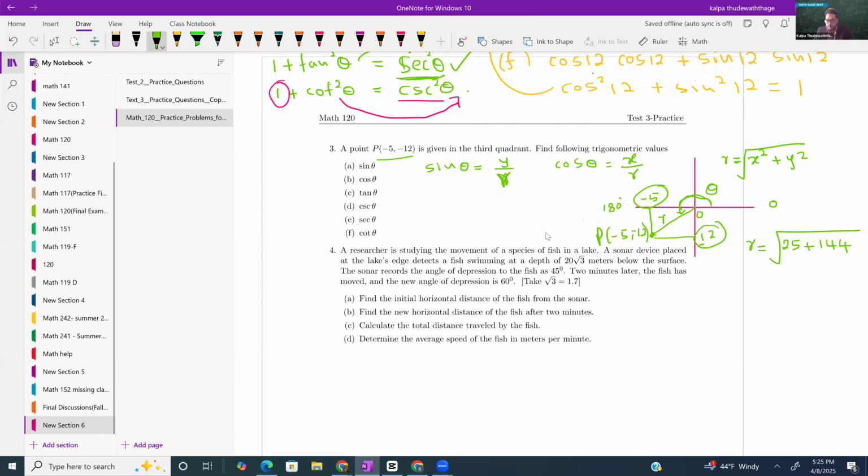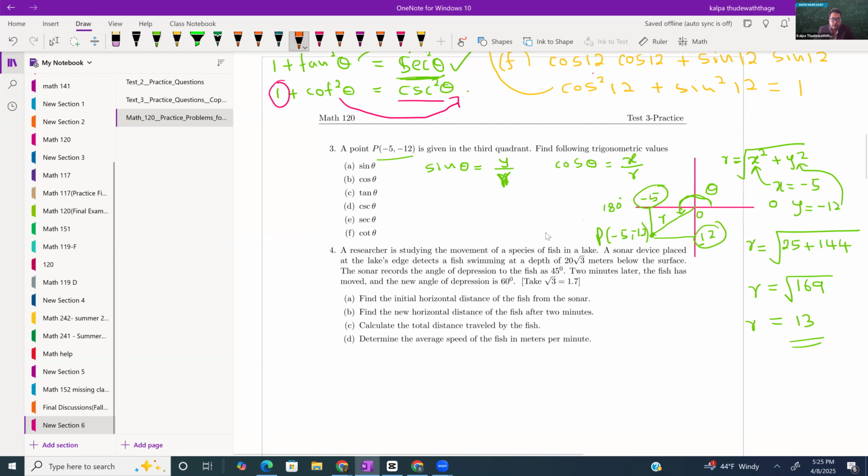And you take the square root. This will be 169. If you take the square root, the radius is 13. Clear? So I put x equal -5, y equal -12, and I plug those values here and here. And that gives me 13.